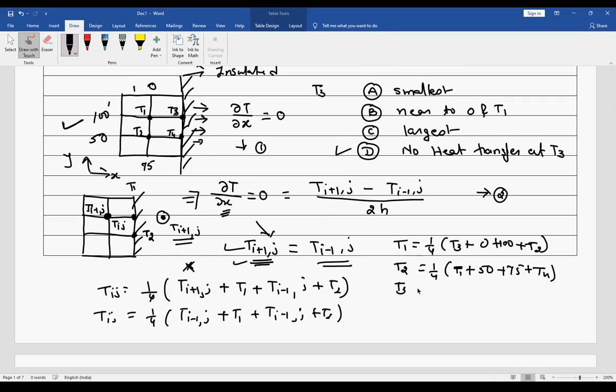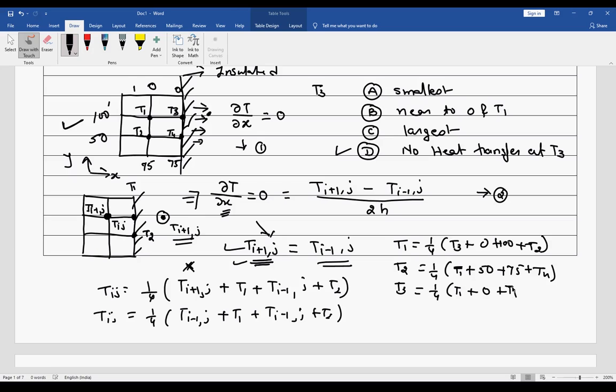And my T3 will be equal to, on this side, T1. So 1 by 4 of T1 plus, okay, I need to provide the temperature at this location also. So here 0 and 75. These are the same temperatures I am applying. So this virtual temperature is equal to T1, 0, again T1 back, because this side temperature I have to take.